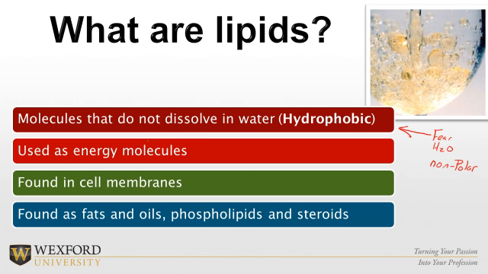They are used as energy molecules. Well, wait a minute, why would that be? Why are lipids often used for energy molecules? Well, remember how I said we have these carbon-carbon bonds? Whenever we have 2 atoms coming together at a point right here to share electrons, that bond, there's energy stored in that bond.